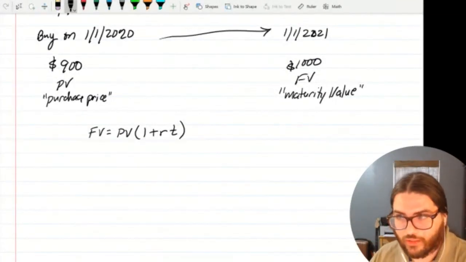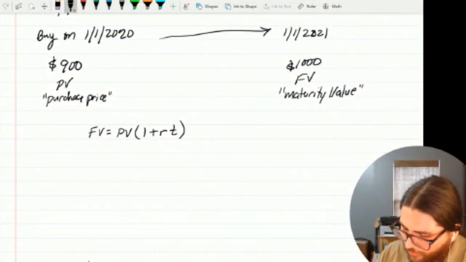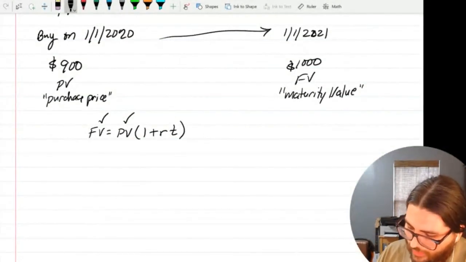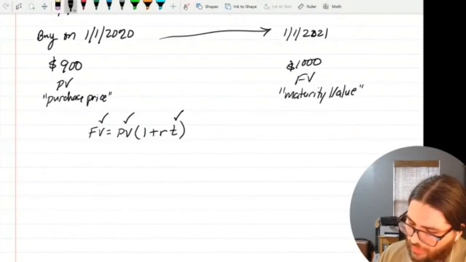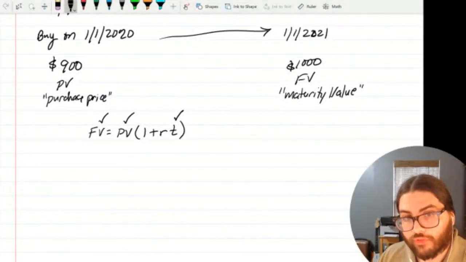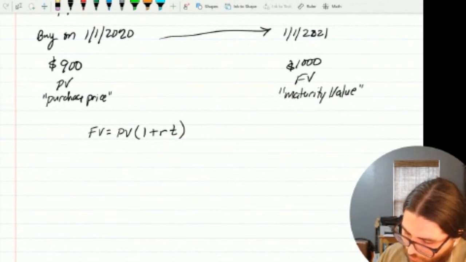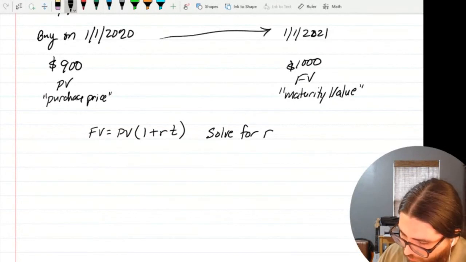I don't have an A and a P. Well, I know the future value, and I know the present value, and I know how much time was in between, the T. That must mean I can solve for the R. So let me do that. Let me solve for R by plugging in these numbers.